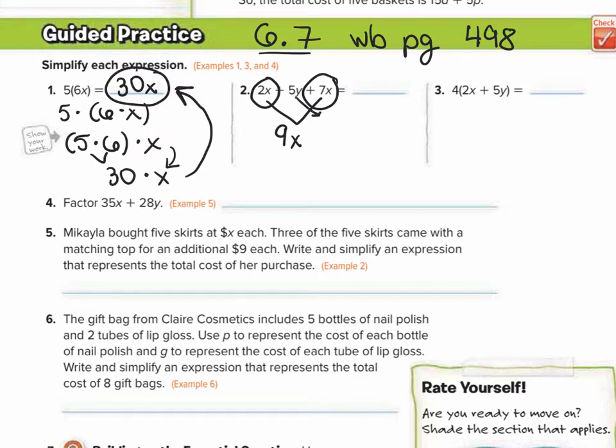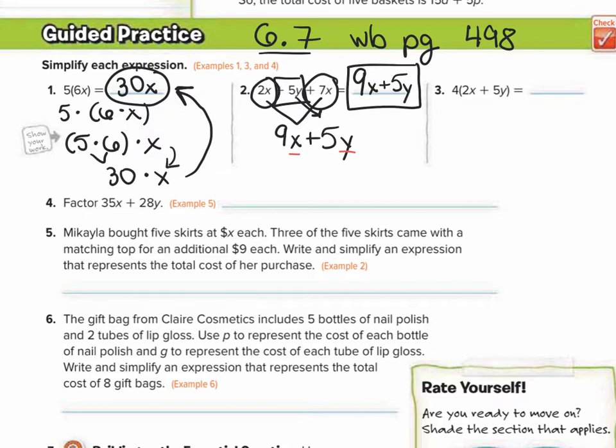And then you bring down what's left over, which is plus 5y. Those cannot be added because this has an x and this has a y. It's like apples and oranges. You can't combine them. They're 2 different variables. They are not like terms. So the final answer here is 9x plus 5y.